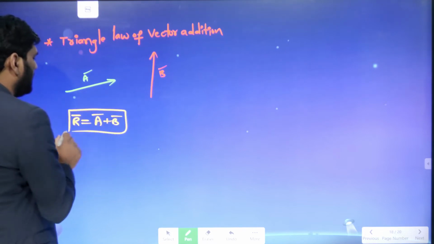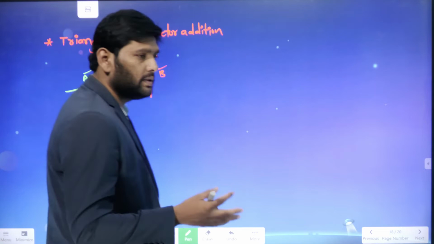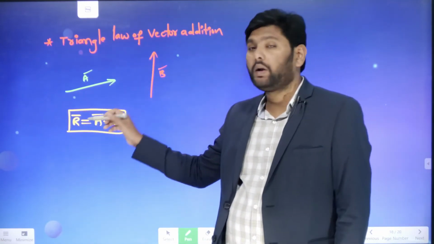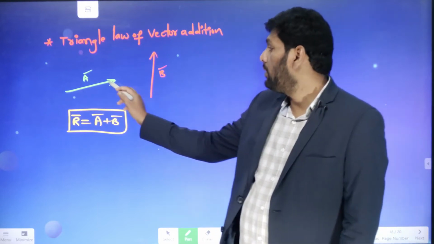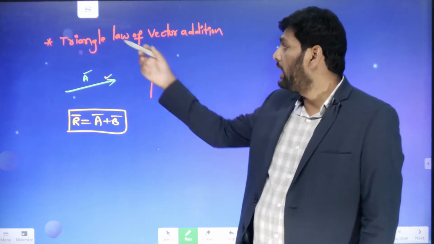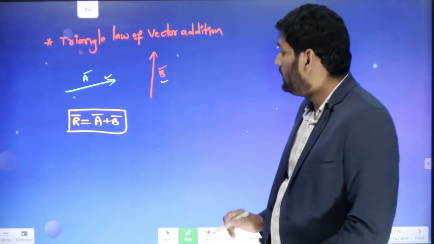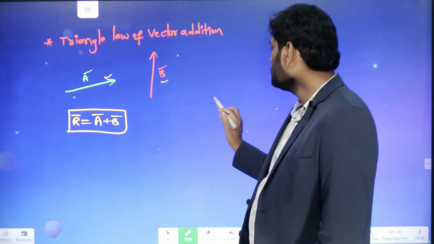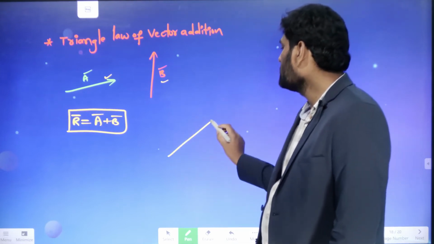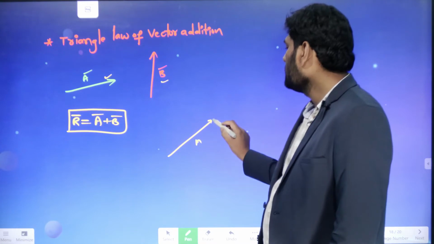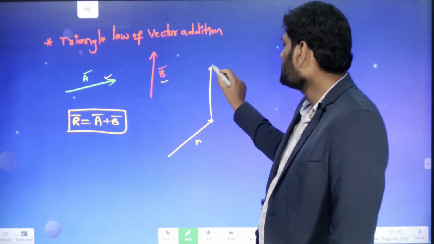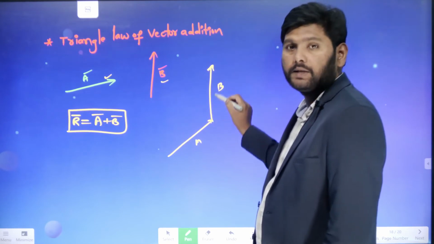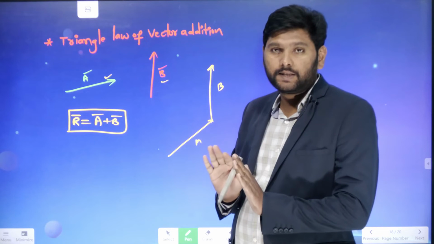In any method you will take addition as the plus symbol only, but here you are adding in a vector way. In the triangle law also, you join the first vector's head to the second vector's tail. So I am taking the first vector, this is A vector, and the second vector, this is B vector. This is the condition: first vector head, second vector tail.